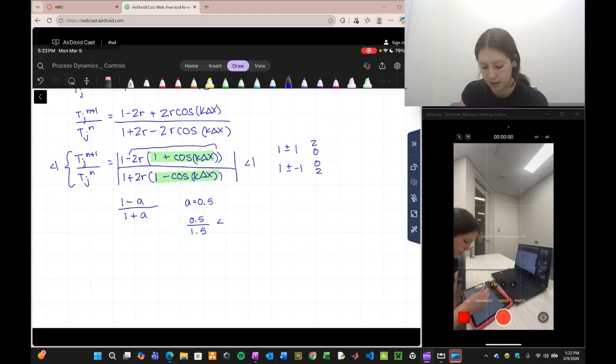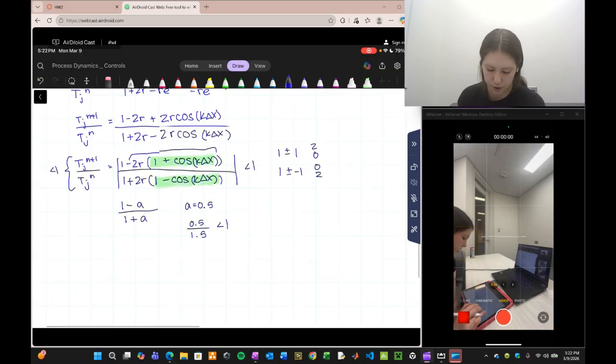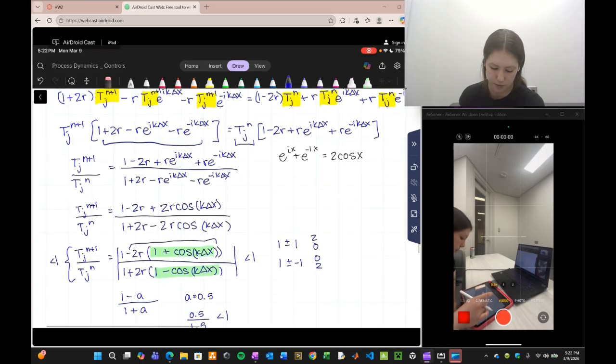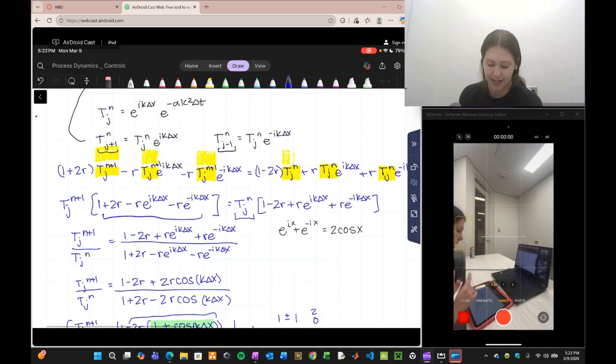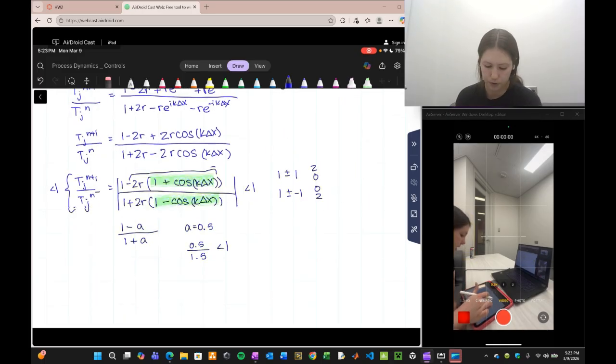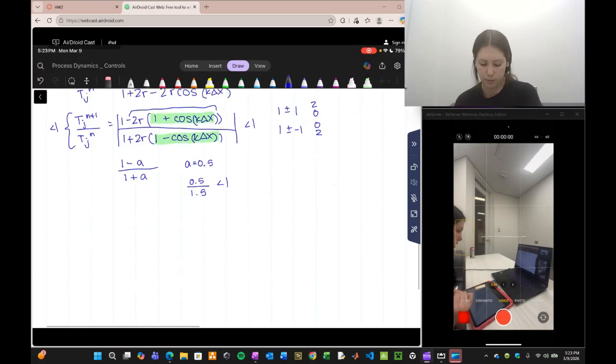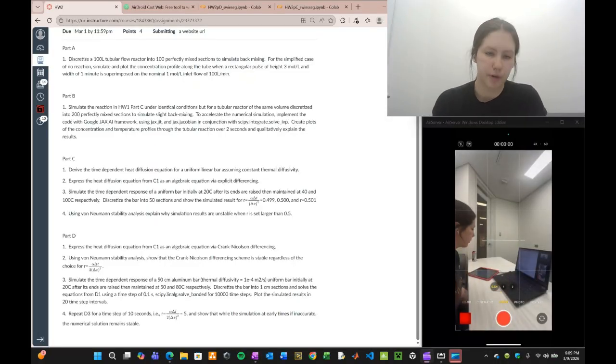So as you can see, this ratio here is less than 1. So this shows that by using our Crank-Nicolson method in our equation up here, we can use any value of r that we'd like, versus in the last problem, we were limited to using an r value less than 0.5.